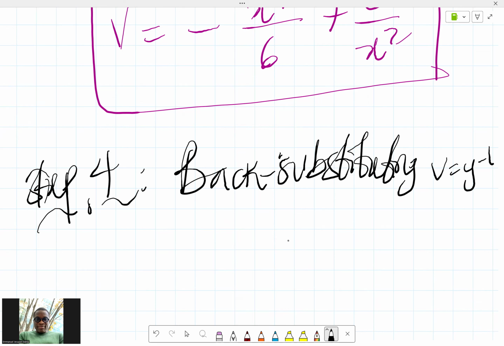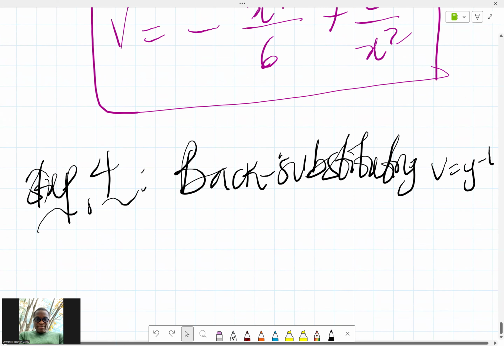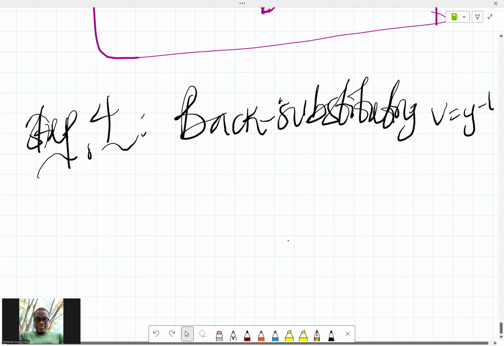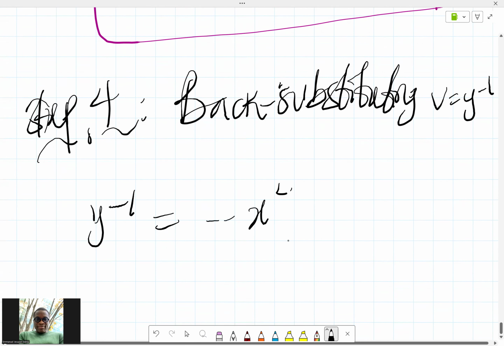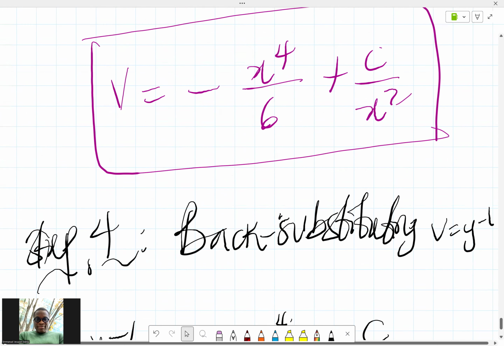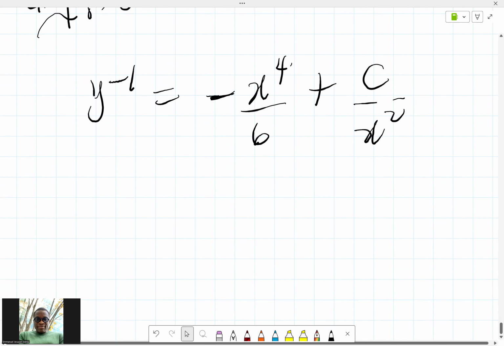Since v is y to the power minus 1, instead of v we now have y to the power minus 1 equals minus x to the power 4 over 6 plus c over x squared. Now we are looking for y.